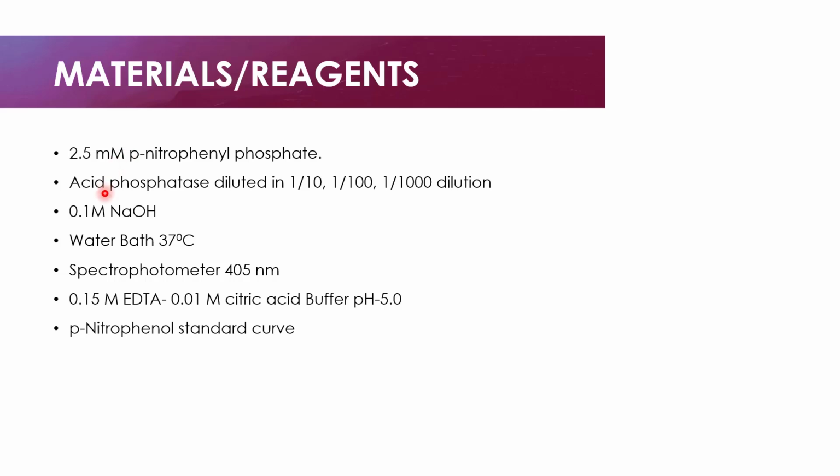We also have our acid phosphatase diluted in 1 in 10, 1 in 100, and 1 in 1000 dilution, and our 0.1 molar sodium hydroxide, water bath set at 37 degrees Celsius, spectrophotometer of wavelength 405 nanometer, our 0.15 molar EDTA in 0.01 molar citric acid buffer of pH 5.0, and p-nitrophenol standard curve. So these are the various materials and reagents that we are going to use to carry out this experiment.